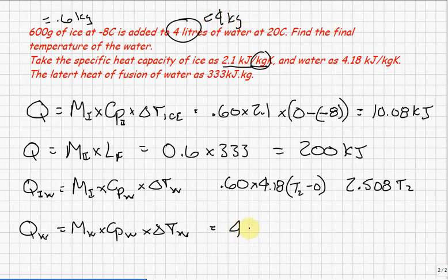Once again, we're watching our units, times 4.18 kilojoules per kilogram, and my delta T is now going to be T2 minus 20 because my water started at 20 degrees. And so that's going to be 16.72 times T2 minus 20.